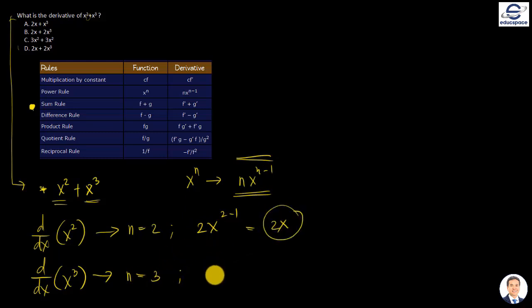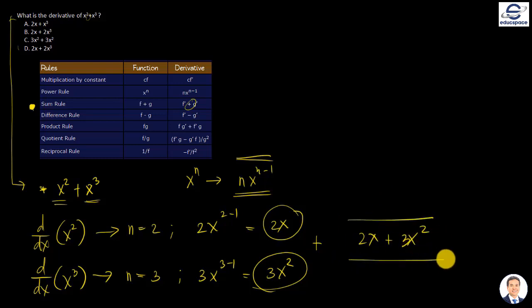And also here we have 3x to the 3 minus 1, and therefore we have 3x squared. Finally, we can add these, so we have the equation 2x plus 3x squared. This is equivalent to letter D.